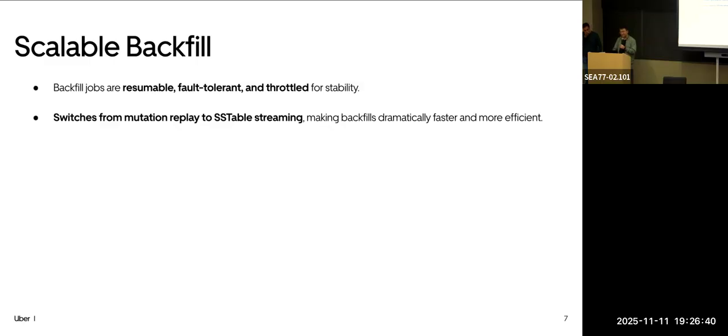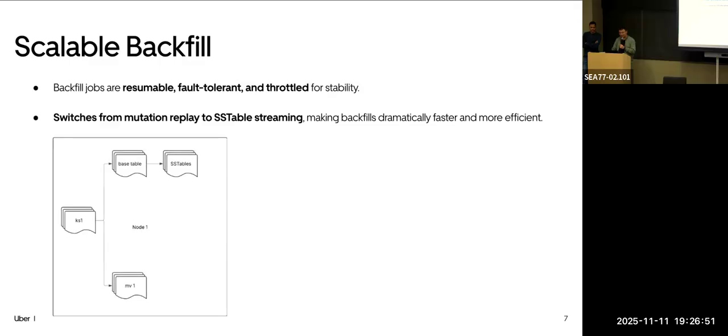As I mentioned before, the current MV backfill is replaying the base table to MV mutation row by row. And this new design works like this. For a given base table replica, it has some base table access tables.